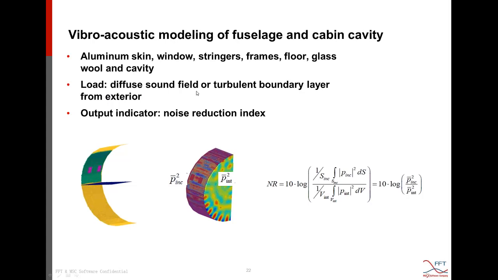Now, this diffuse sound field can be applied using built-in excitation in Actran. It can also be reproduced in the reverberant chamber test. Now, a turbulent boundary layer can be applied numerically easily in Actran, but it is not that easy to apply a turbulent boundary layer in a test situation.